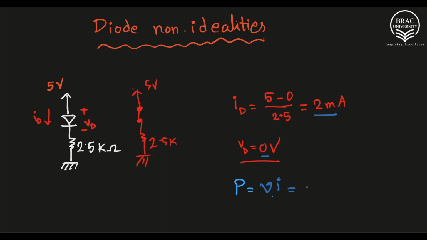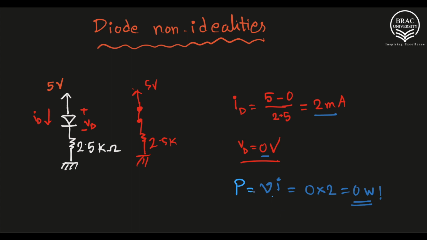So the power will be 0 times 2, which is 0. Now this is odd because a diode is a passive device and there is current flowing through it, but still we see that the device is not consuming any power. In real life, this is not possible.